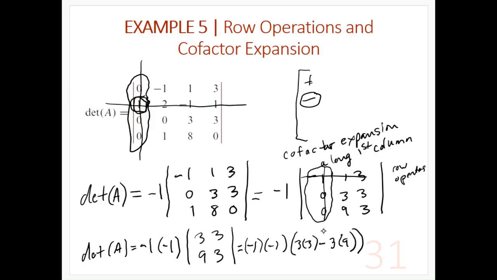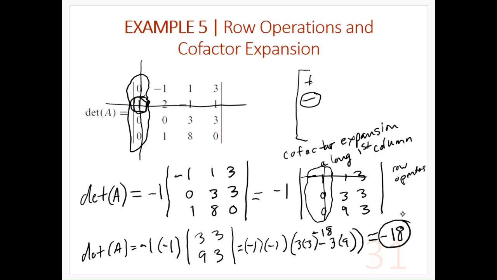And then that in itself is going to equal negative 18, right? That's going to be 9 minus 27, so we'll have negative 18. So negative 1 times negative 1 is 1, and then 1 times negative 18, that's going to give us a grand total for this determinant of negative 18.